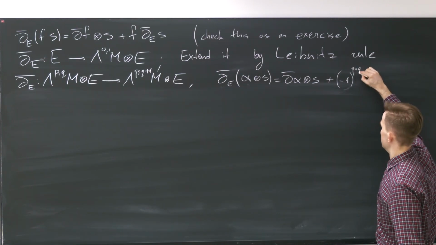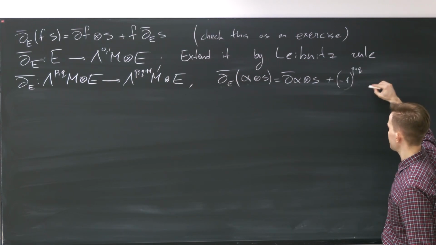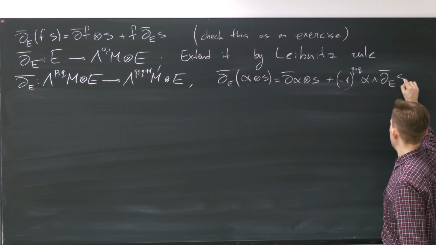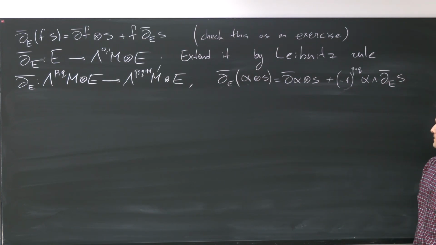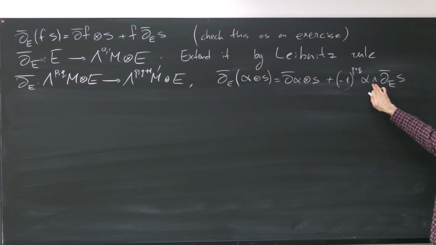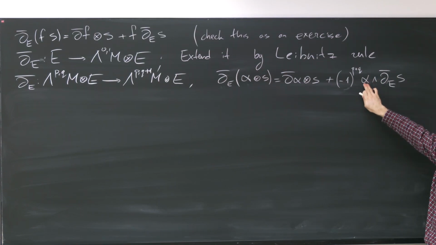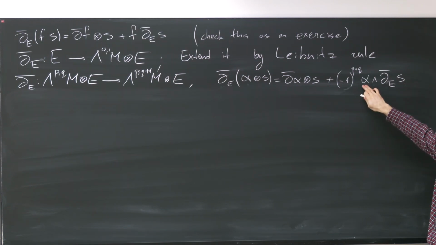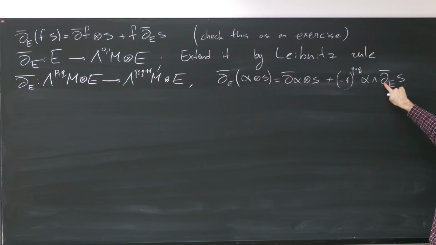So in this case it will be (-1)^{p+q} alpha wedge del bar_E s. So this wedge product means that here I have a (p,q)-form, and this is a (0,1)-form tensor section of E. So I can take the wedge product of the (p,q)-form and the component of this tensor product, which is the (0,1)-form. So that is denoted like this.